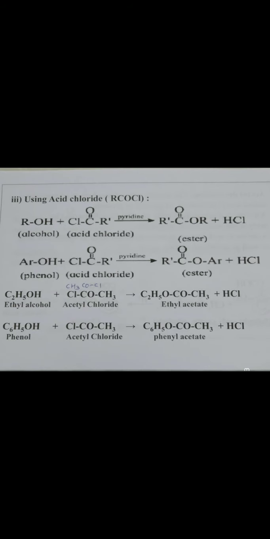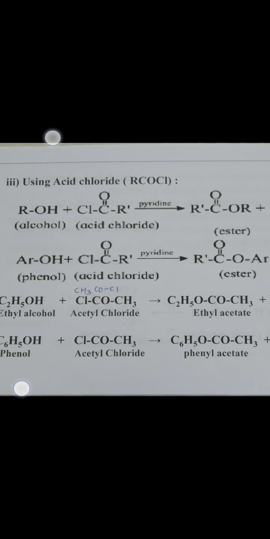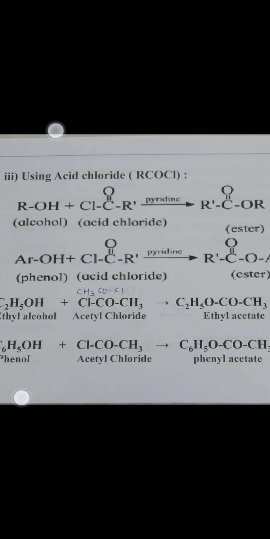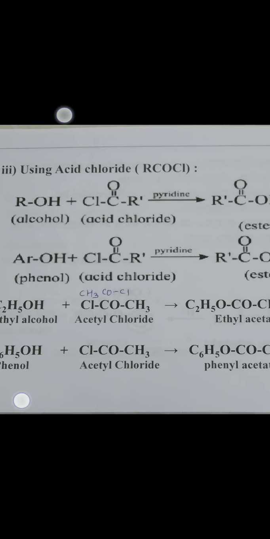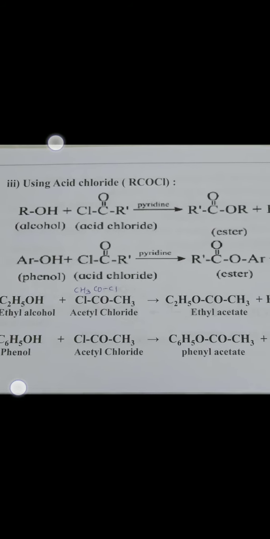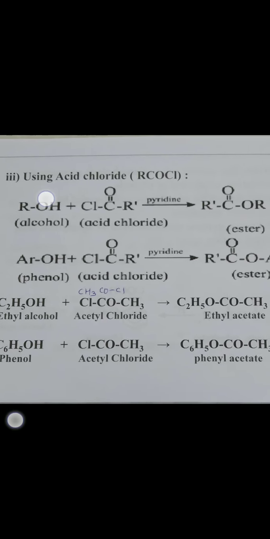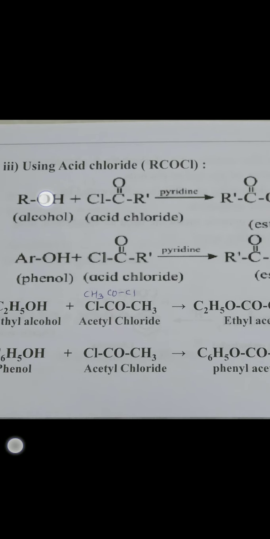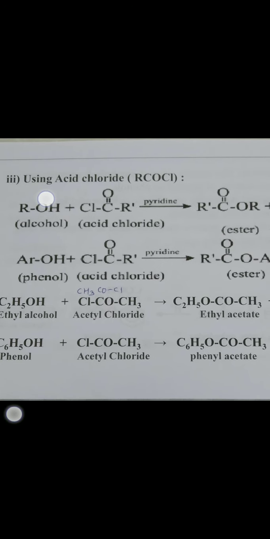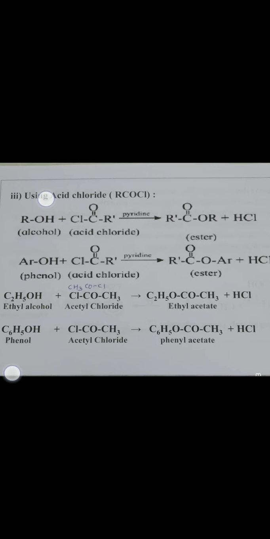Esterification can also be done using acid chloride. Alcohols or phenols react with the acid chloride RCOCl in the presence of pyridine to give esters along with HCl formation. For example, C2H5OH plus CH3COCl, that is acetyl chloride, gives CH3COOC2H5, that is ethyl acetate.